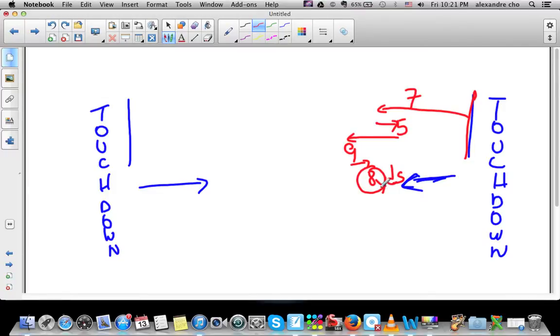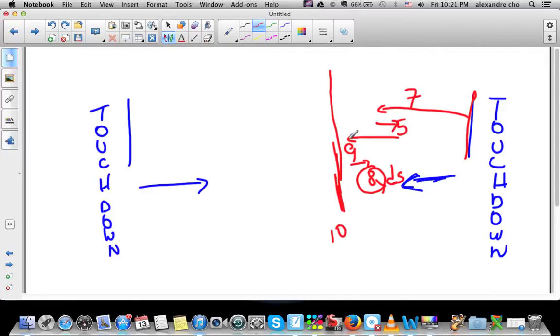How many total yards did the team move? Okay, 8 yards. Did they gain enough to keep the ball? No, they did not, because after 4 plays, they had to be at a minimum of 10 yards. So they had to cross this line right here, which they didn't cross. They went 7, they lost 2, which made them go to 5.